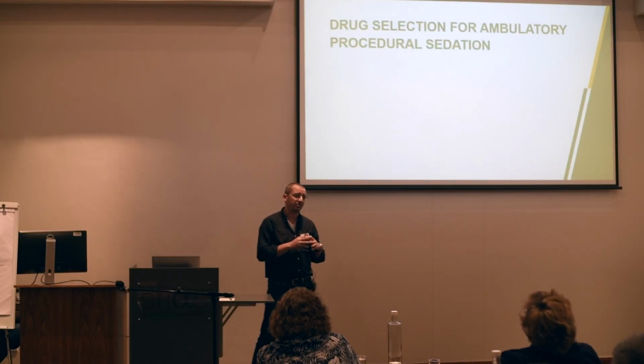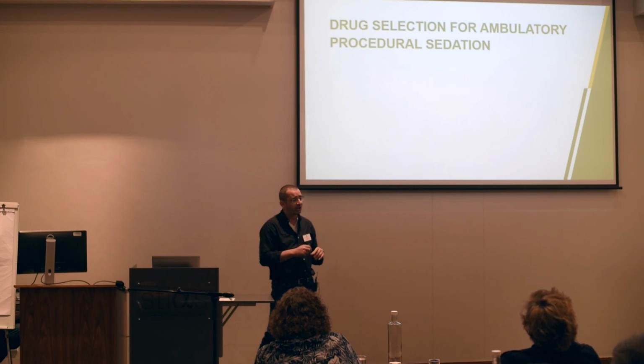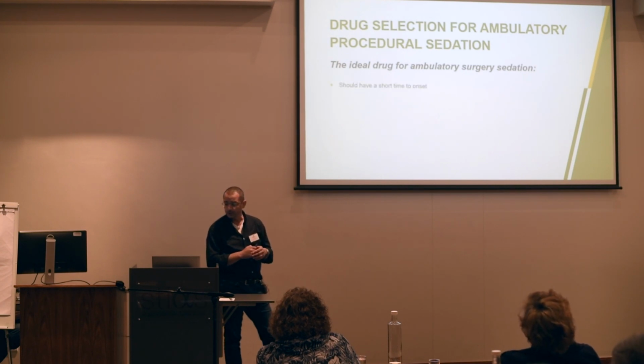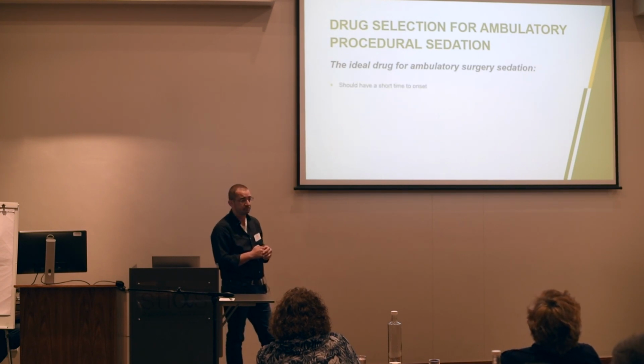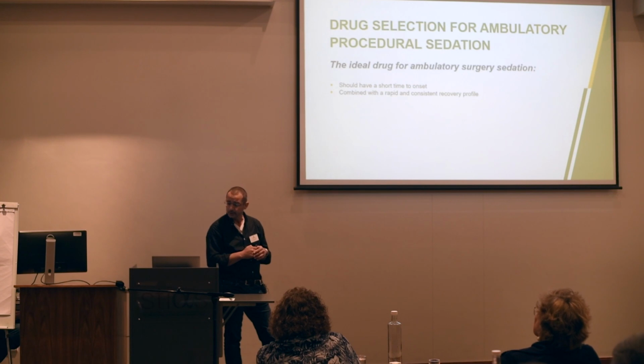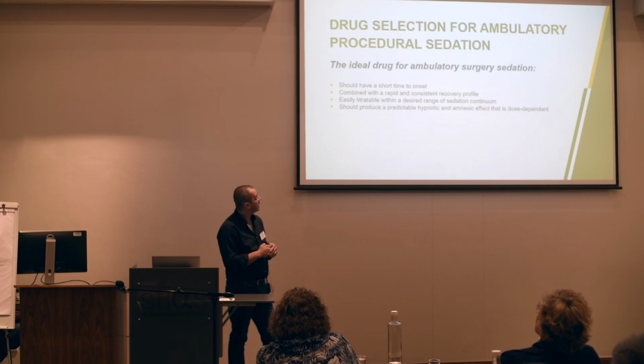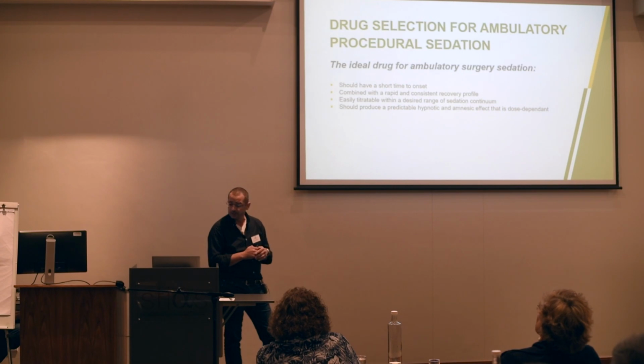Okay, so drug selection for ambulatory procedural sedation. We visited this topic ad nauseum the last couple of days, so I'm just going to run briefly through some of it. The ideal drug for ambulatory surgery should have a short time to onset. Simple. It should be combined with a rapid and consistent recovery profile, easily titratable within a desired range of the sedation continuum, and should produce a predictable hypnotic and amnesic effect that is dose dependent.